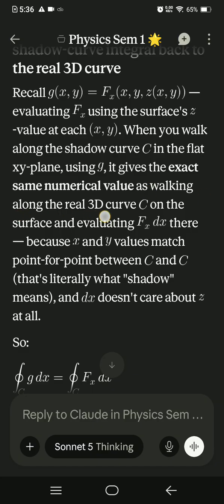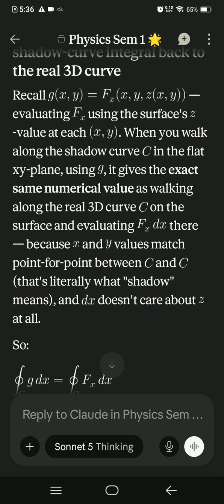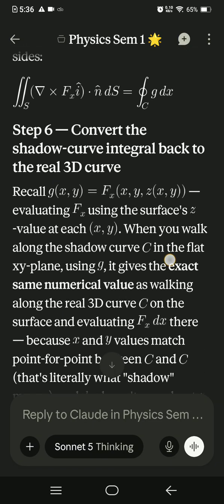Walking along the real 3D curve C on the surface, evaluating f x dx, the xy value matches the point for C, and that's literally what shadow means, and dx doesn't care about z at all. So g can be replaced with f x.